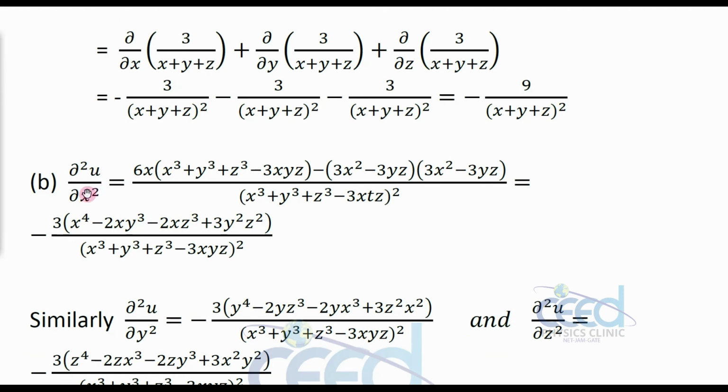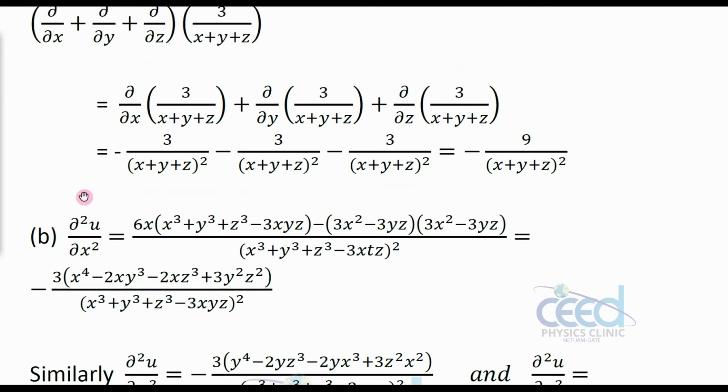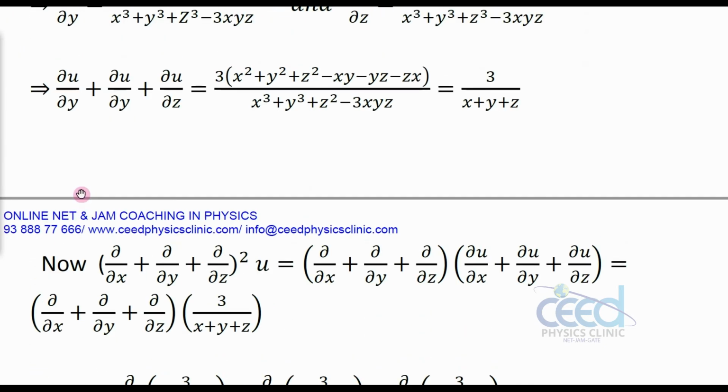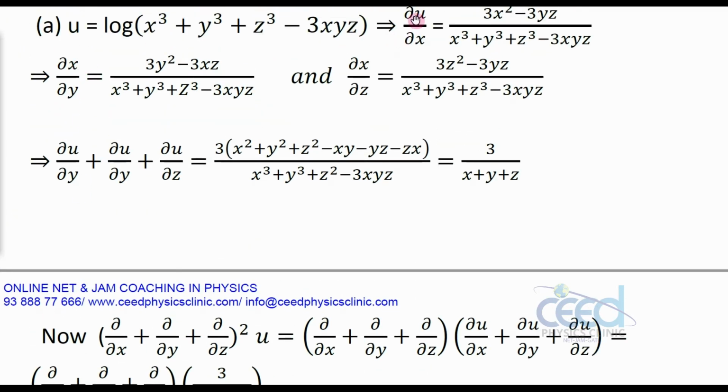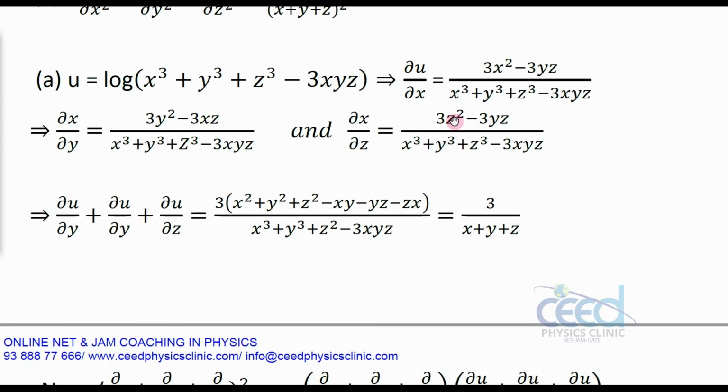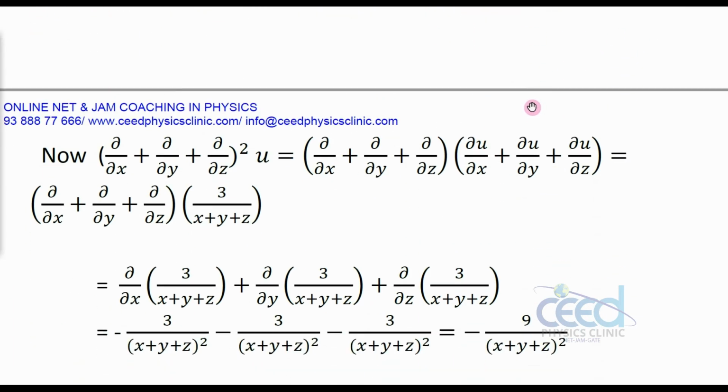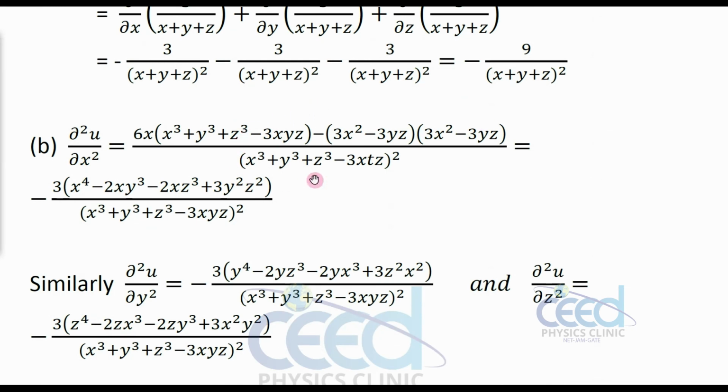Now dou square u by dou x square. Once I get this dou u by dou x, again I can do dou square u by dou x square using the quotient rule, right? So square of the denominator, into denominator times derivative of numerator minus numerator.